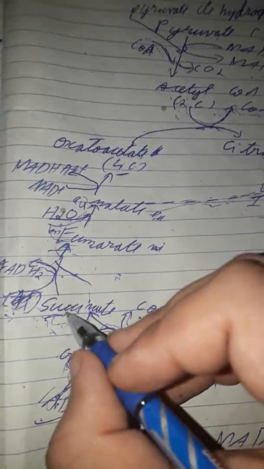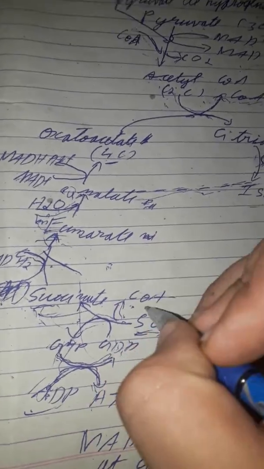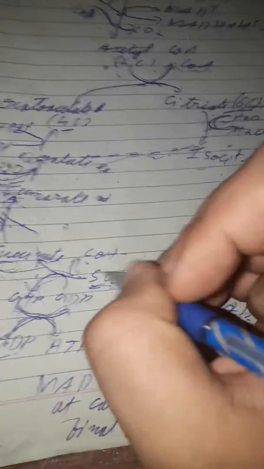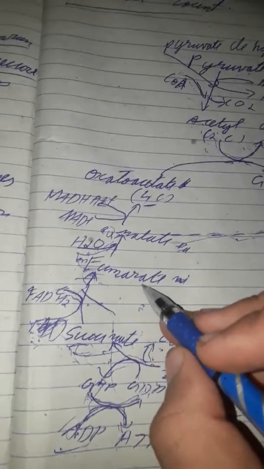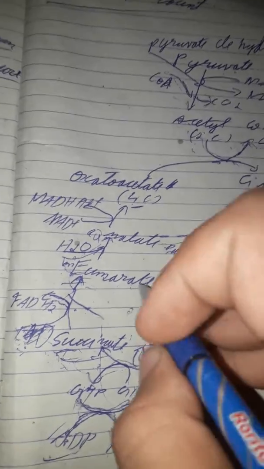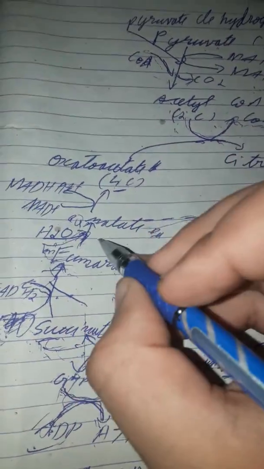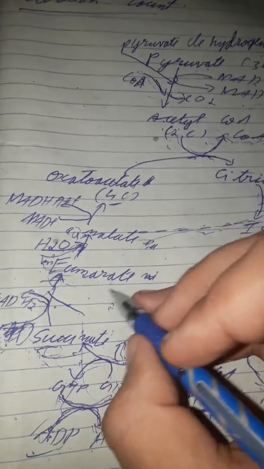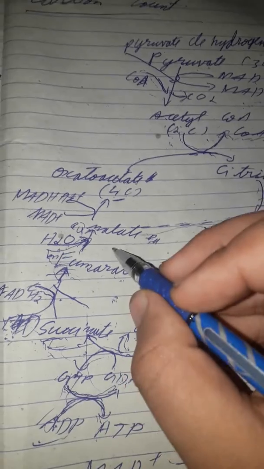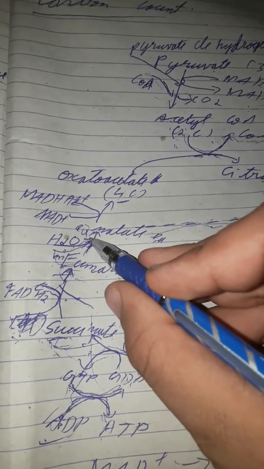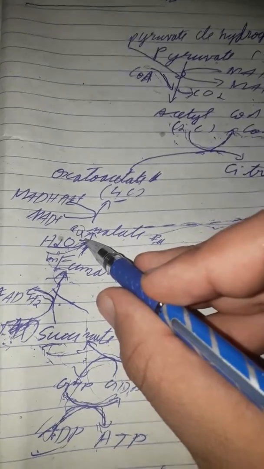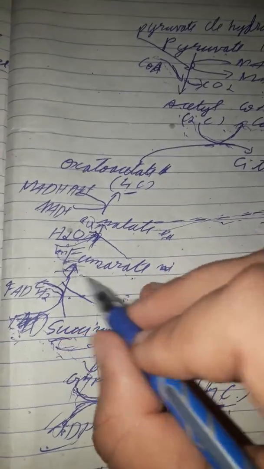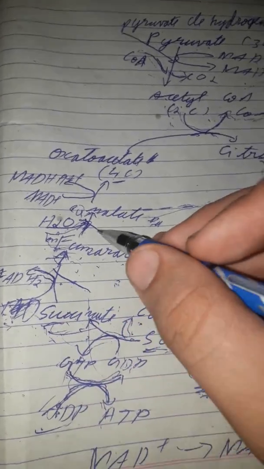Succinate dehydrogenase acts here, which converts the succinate into fumarate. And in the next step, water adds up and converts this fumarate into malate. Which enzyme acts here? Fumarase acts here to convert this fumarate into malate.